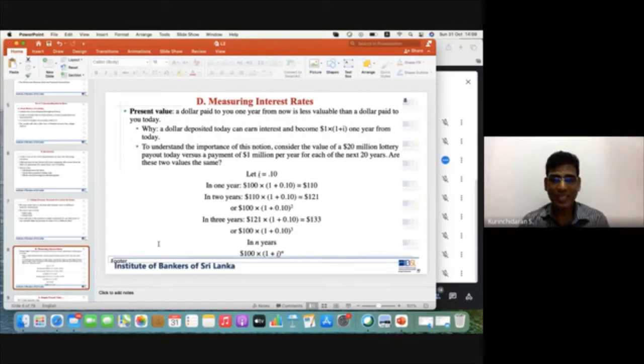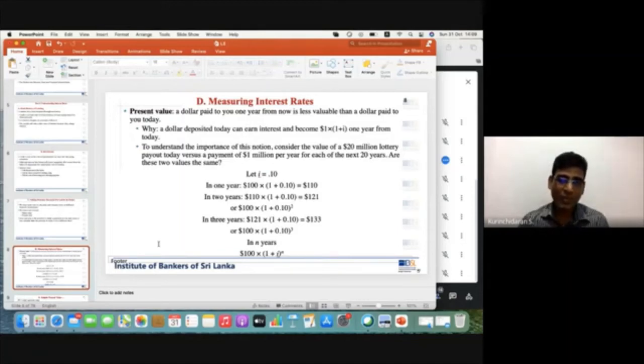In 1 year's time, your FD can be liquidated at 110 bucks. That means within the 1 year, with your investment of 100 bucks plus 10 bucks you earn as interest, you got 110. So now it's easy for us to think, okay, today's 100 is equal to 110 after 1 year.